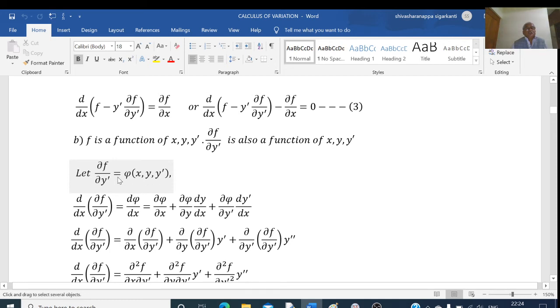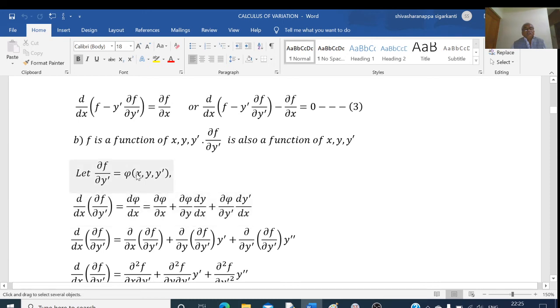So this is a function of x, y, y'. Now d/dx of ∂f/∂y' is equal to d/dx of this, that is d pi/dx.